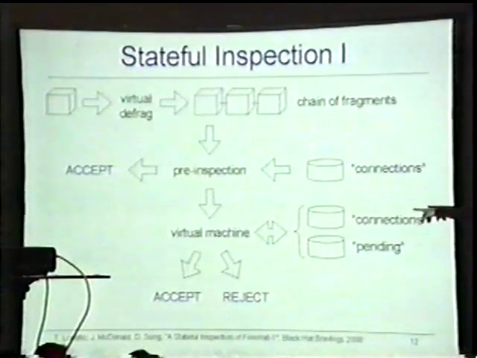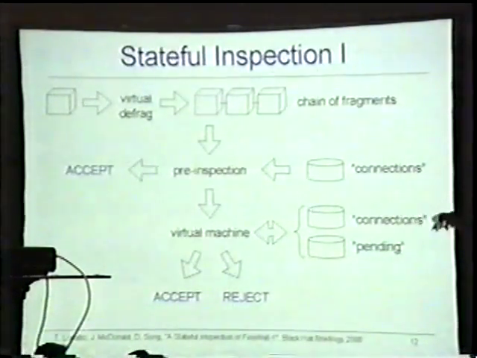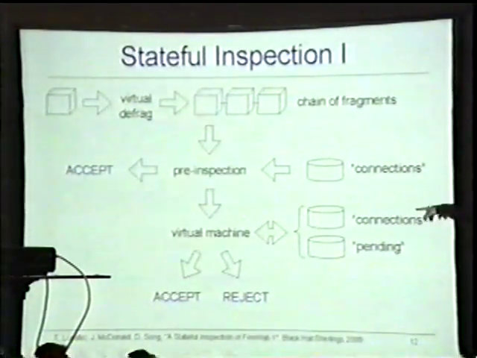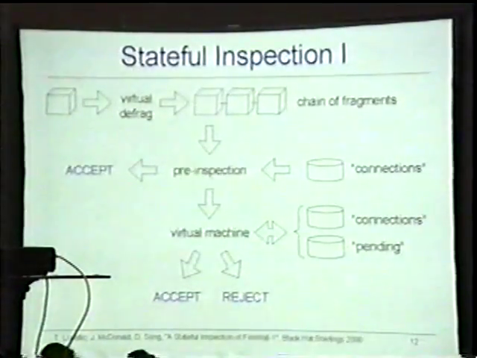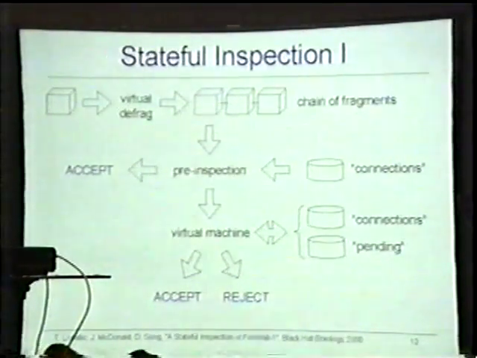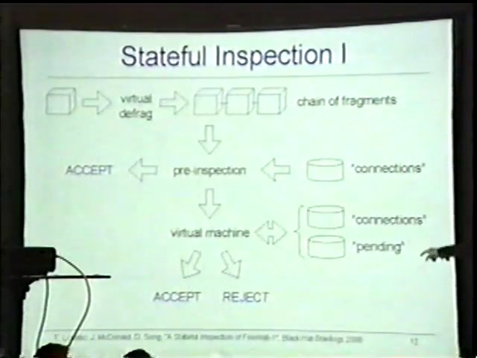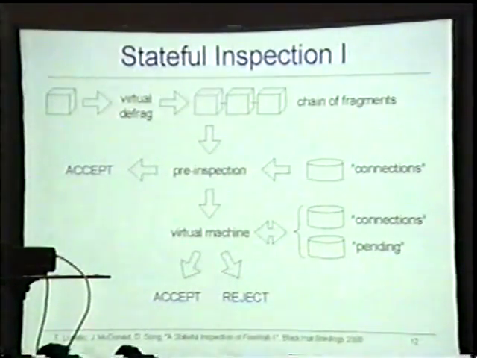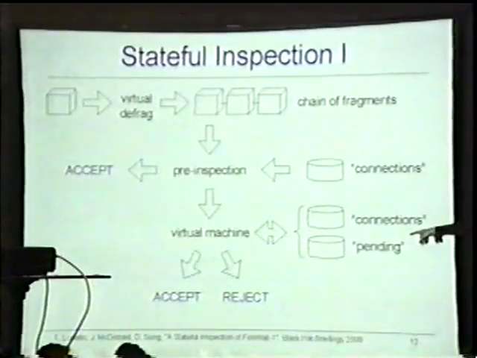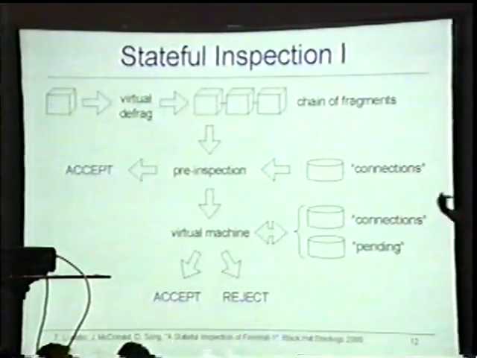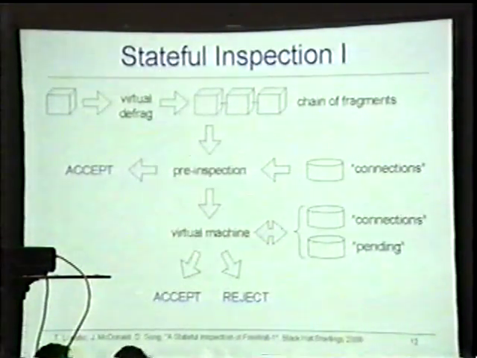Firewall 1 monitors all the connections in the connections table, especially FTP control connections, and whenever it sees a port command or a passive command, depending on whether you do active or passive FTP, it will make a corresponding entry in the pending table. The pending table means that the firewall is ready to accept a connection, and as soon as the data connection arrives, it will be put into the connections table.